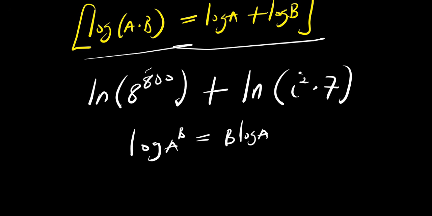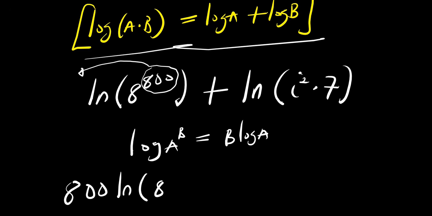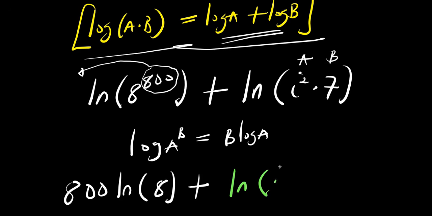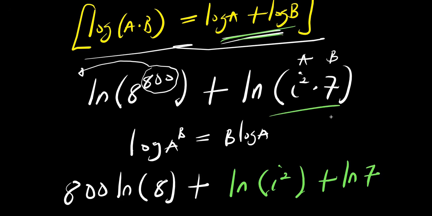So this 800 here will come behind this. We have 800 times natural log of 8 plus this one. For this one here, this is my a, this is my b. I apply the same property. So what I'm going to have will be natural log of i power 2 plus natural log of 7, applying the same property right here.